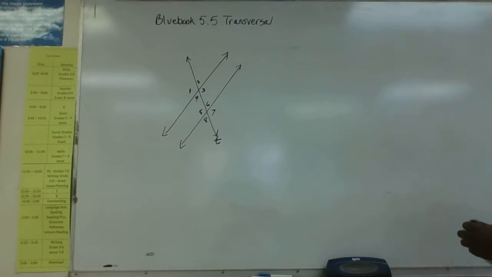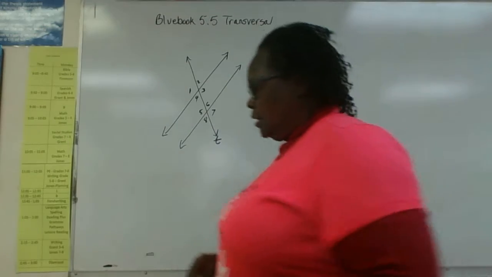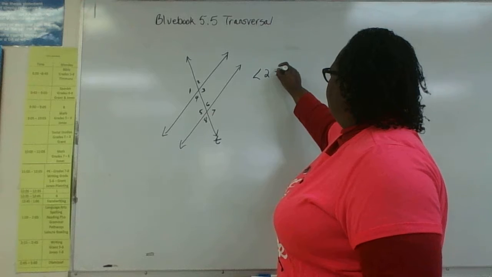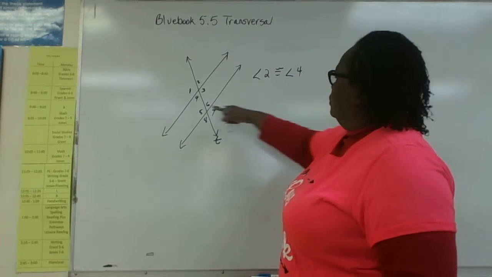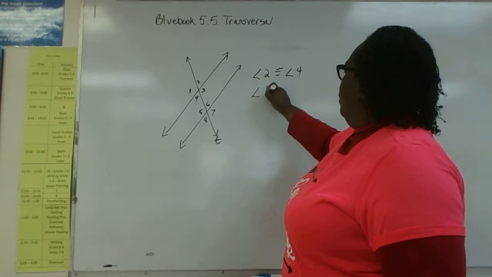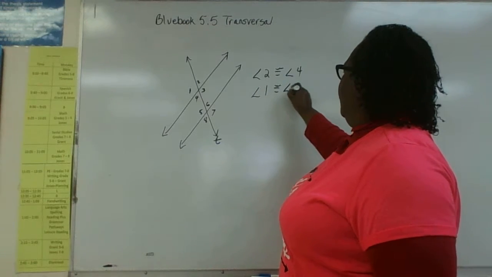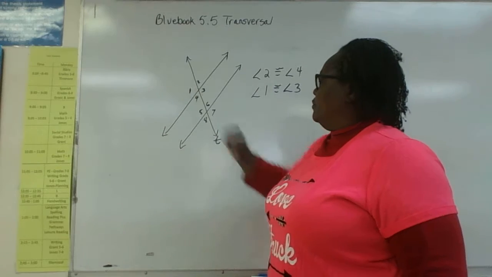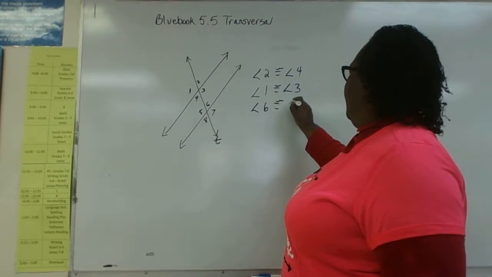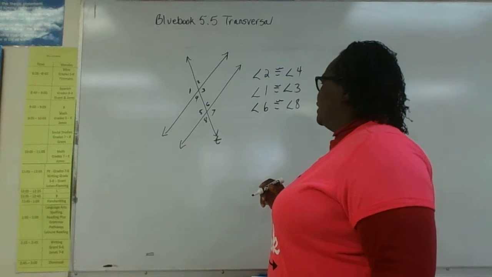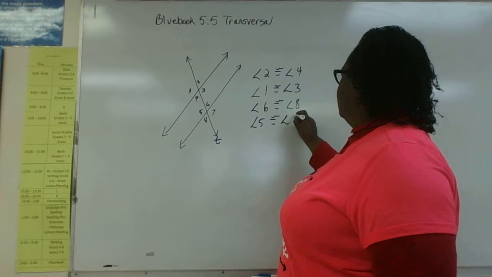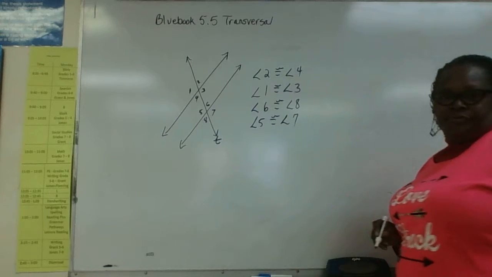If that be the case, then angle 2 is congruent to angle 4 because they're vertical. Angle 1 is congruent to angle 3 because they are vertical. Angle 6 is congruent to angle 8 because they're vertical. And angle 5 is congruent to angle 7 because they're vertical.